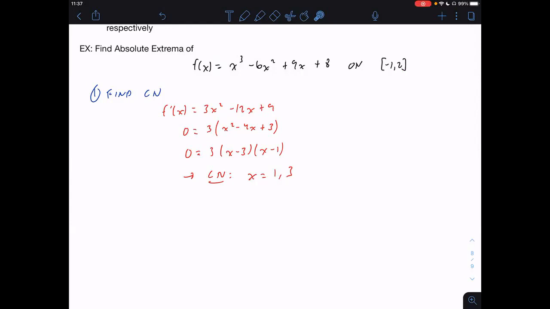Look at our critical numbers. Our critical numbers are 1 and 3. Does 1 fall within this interval? Yes, right? 1 is between -1 and 2. But is 3 contained in this closed interval that we have defined? No, 3 falls outside of that interval.